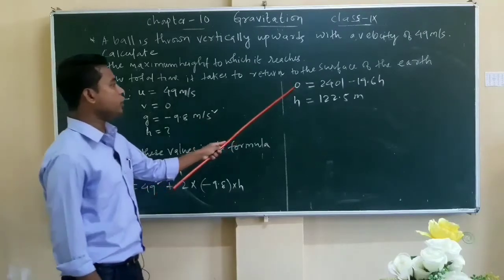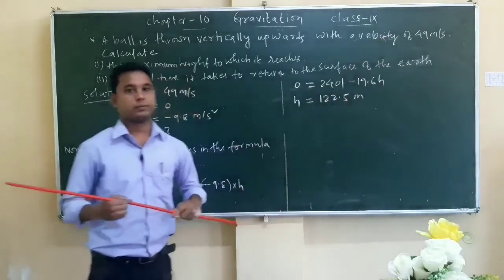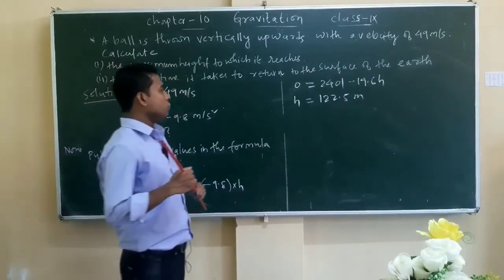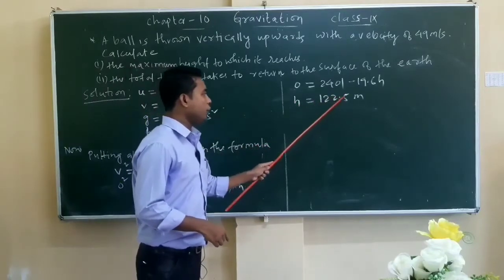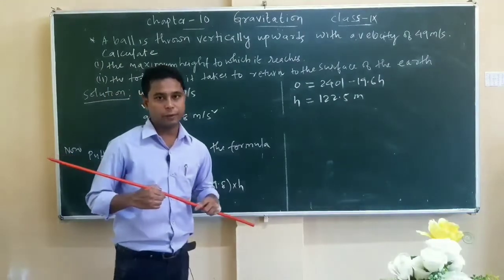So we get 0 is equal to 2401 minus 19.6 h. So we get h equal to 122.5 meter. Height is equal to 122.5 meter.